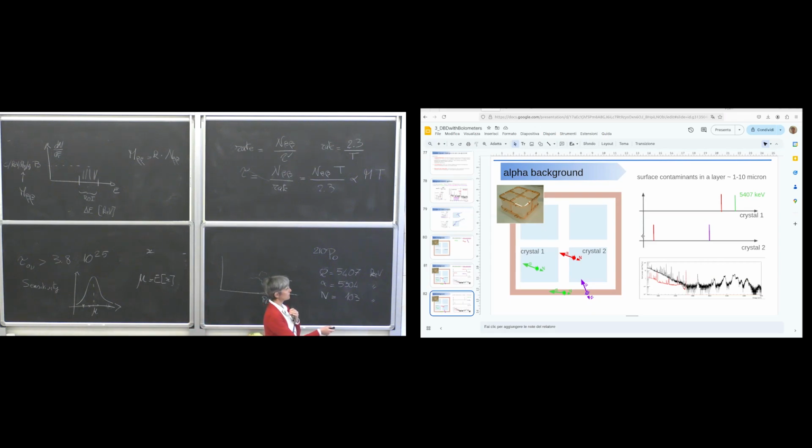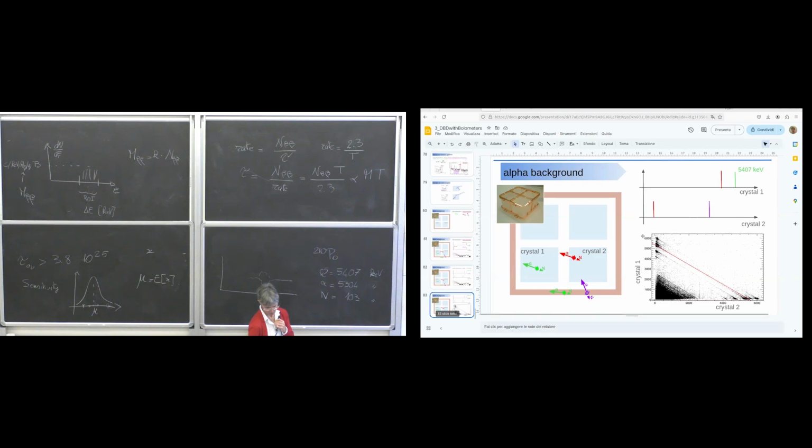So what happens? This kind of events produce this diagonal line. Those that are due to a deep surface contamination produce events that populate the central part of this plot, while when the contamination is on the very surface, I produce events here.